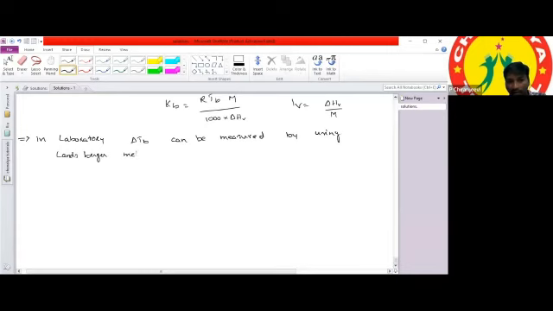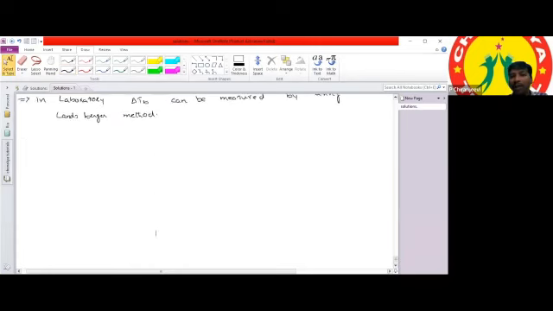Sometimes it is not required, but they ask it as a JEE question. So what method do we use to calculate the elevation of the boiling point in the laboratory? It's the Landsberger method. Then there is also the Cottrell method.